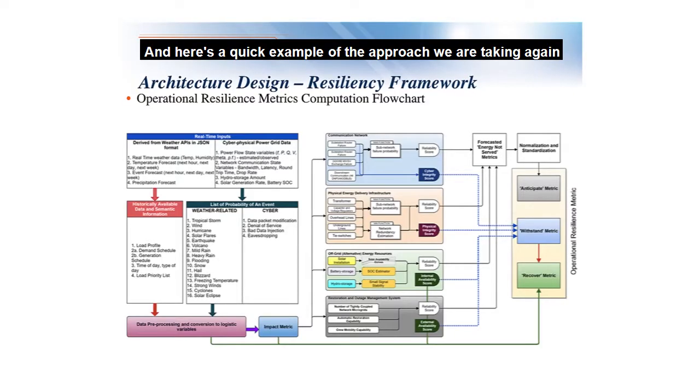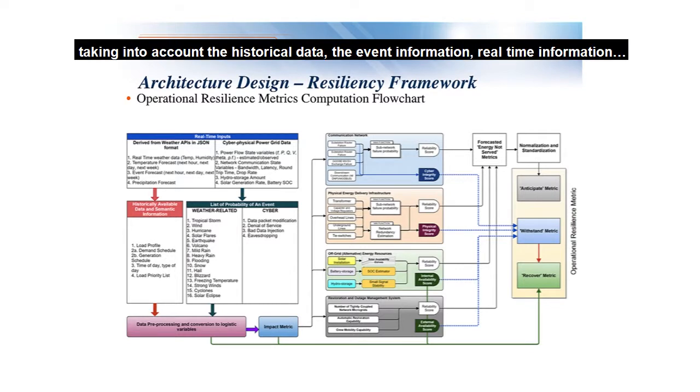And here's a quick example of the approach we're taking. Again, the resiliency metric is dynamically developed by using the anticipate, withstand, and recovery metrics, taking into account the historical data, the event information, and real-time information. We collect all those together in order to compute the resiliency of the system and the metrics that's going to allow the microgrid controller to behave.